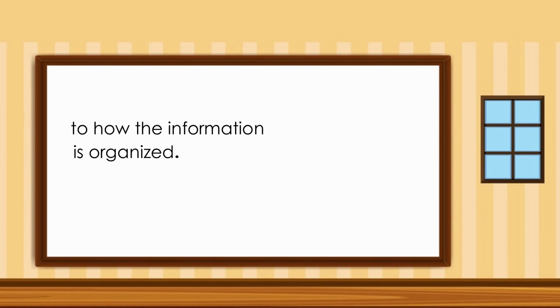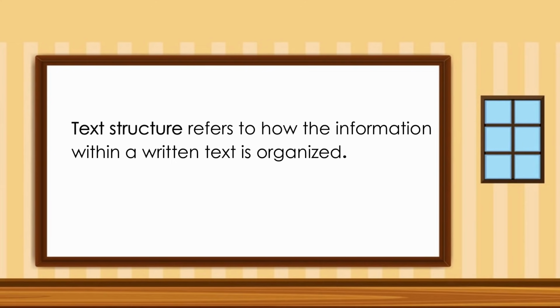What is text structure? Text structure refers to how the information within a written text is organized. It is important to identify how a text is organized to know the purpose of the information.